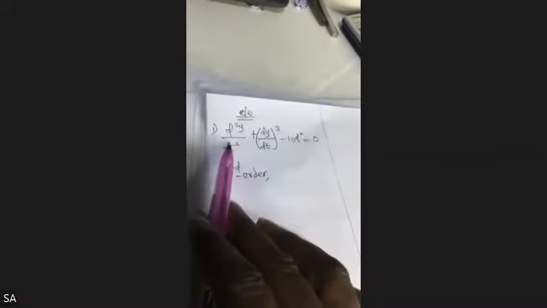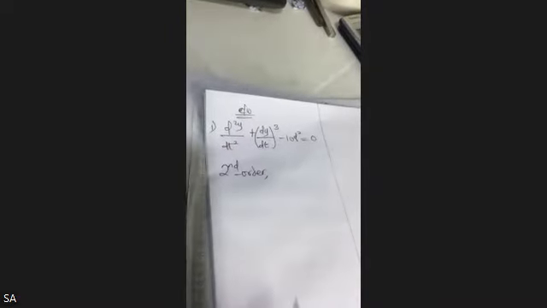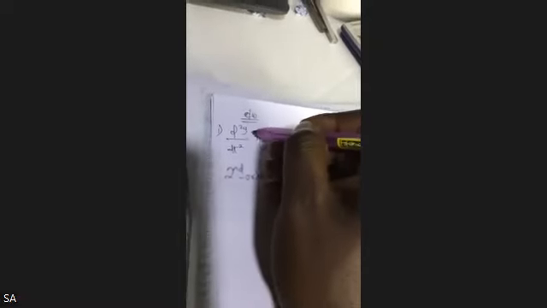Since this is the highest order, what is the power on it? Whenever you see something like this, the power is 1. So this is second order, first degree.